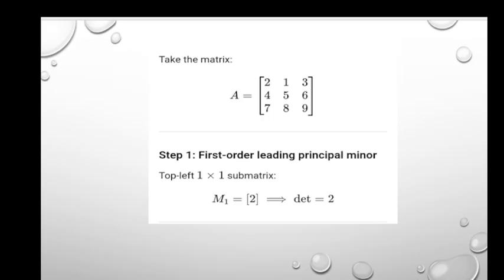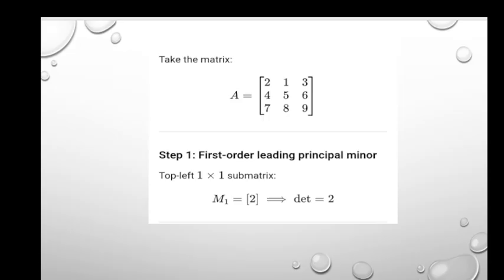So n minus k, that is 3 minus 1, equal to 2. That is, we have to delete 2 rows and 2 columns, but we read one word: last n minus k rows and n minus k columns.